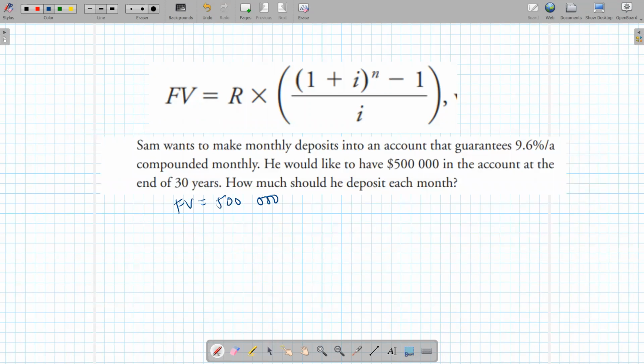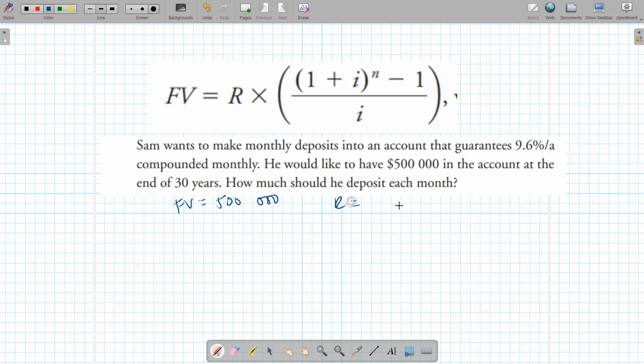What else do we know here? What are we trying to find? You're trying to find R? Right, so R is missing.